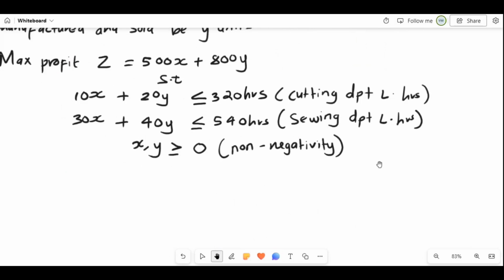You can solve it using graphical method, but the graphical method has its own limitations because you must have two variables x and y. In instances where we have more than two variables, graphical method becomes a problem. But in this case, if we are to solve this using graphical method, then it is possible. And we've already discussed graphical method before.